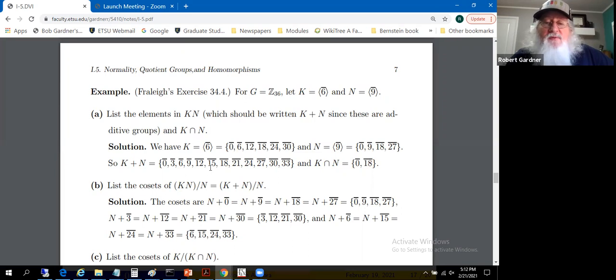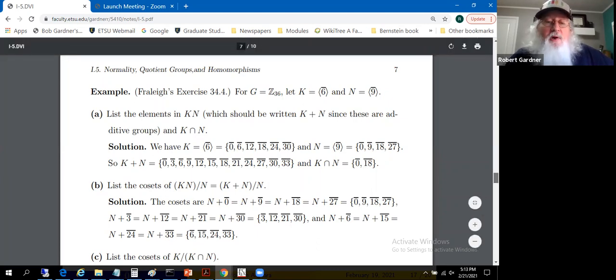We picked up 15 bar and 33 bar by adding 6 bar to these. You'll pick up 3 bar. Where does 3 bar come from? How about adding 12 bar to 27 bar? That'll give us 39 bar, which is the same as 3 bar mod 36. So grind through the arithmetic. You'll produce K plus N, which is given by these elements. K intersect N is given by these elements.